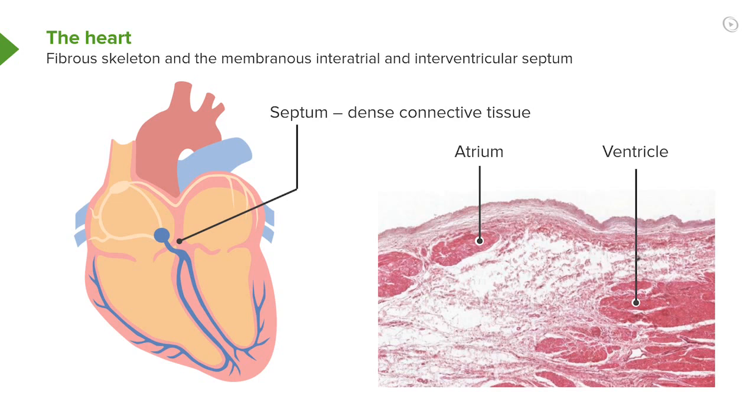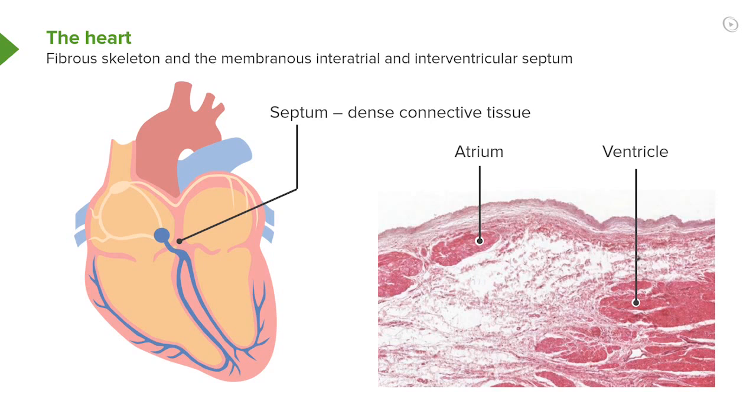Notice, though, that in between this myocardium of the atrium and myocardium of the ventricle, there is this clear component. That clear component is part of the connective tissue fibrous skeleton of the heart. It's a membrane that separates the atria from the ventricle.